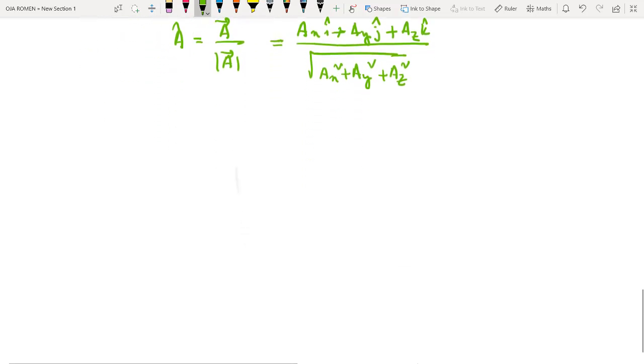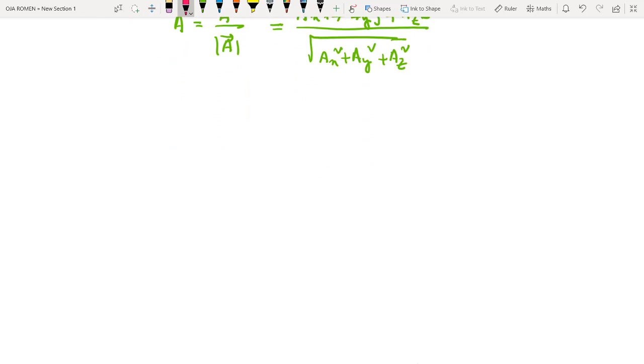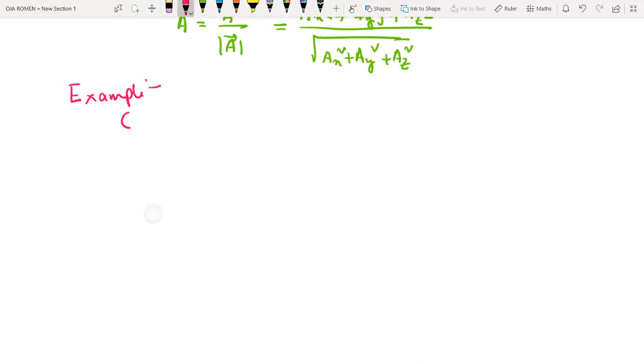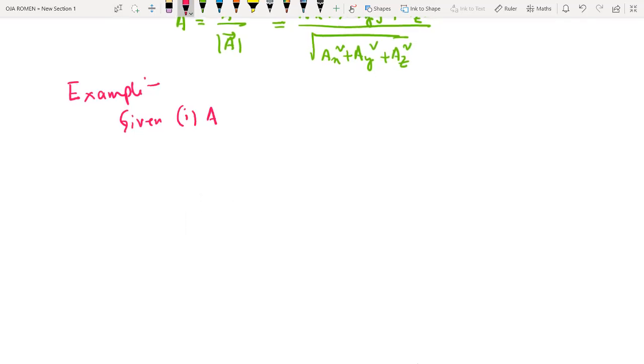Now we can solve some very simple problems related to this. Say I am giving you some very simple examples. So given, number 1, a vector A equal to 3i plus 4j minus 5k.